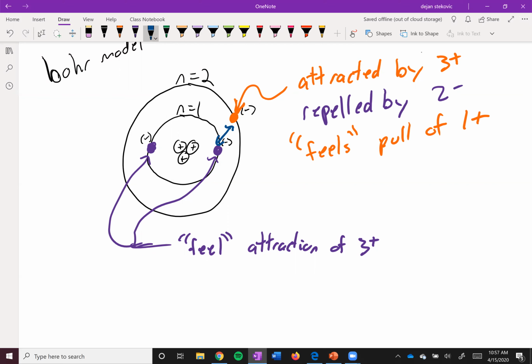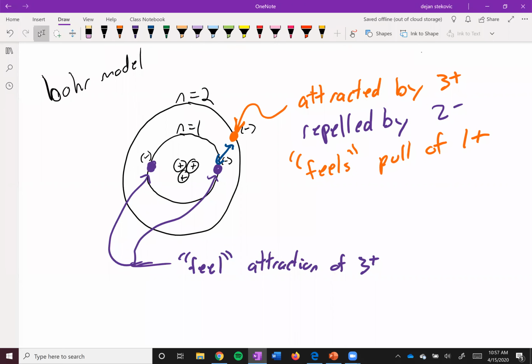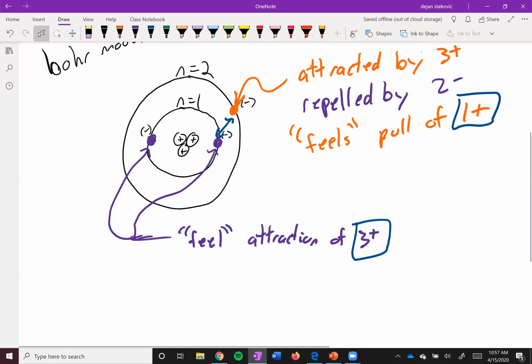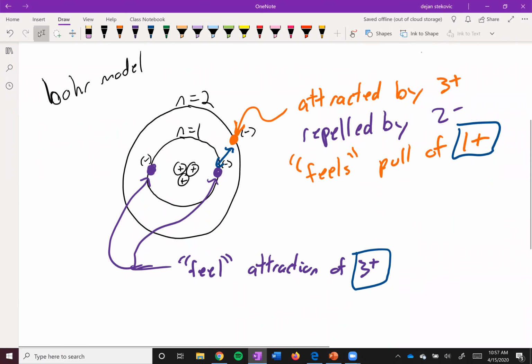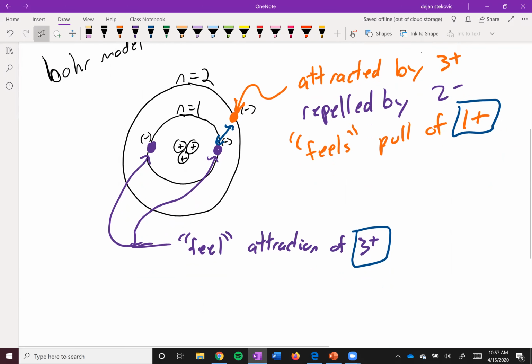And so this is what we mean by shielding. These inner electrons feel the full effect of the nucleus. These outer electrons do not feel the full effect of the nucleus because they're being shielded by inner electrons. And so if you're thinking about lithium, it generally wants to go to +1, so one of these electrons is going to get ripped away. Well, which one are you going to rip away? Are you going to rip away the one that's being pulled by 3 plus or the one that's being pulled by 1 plus?